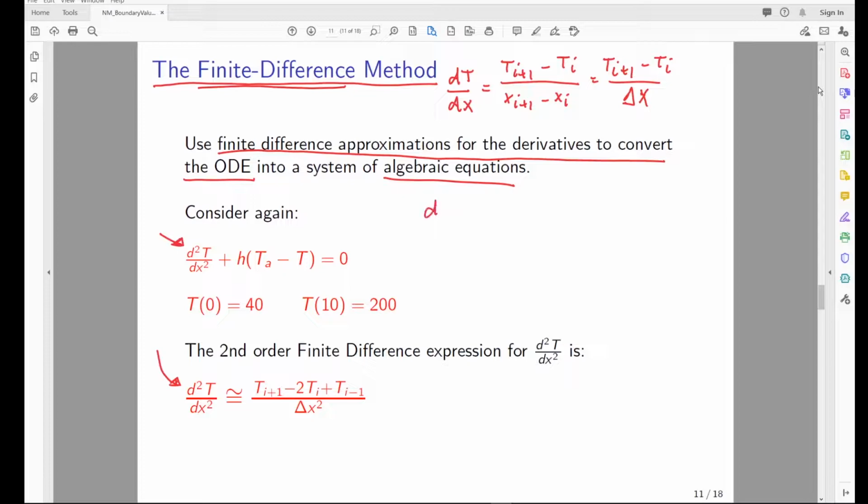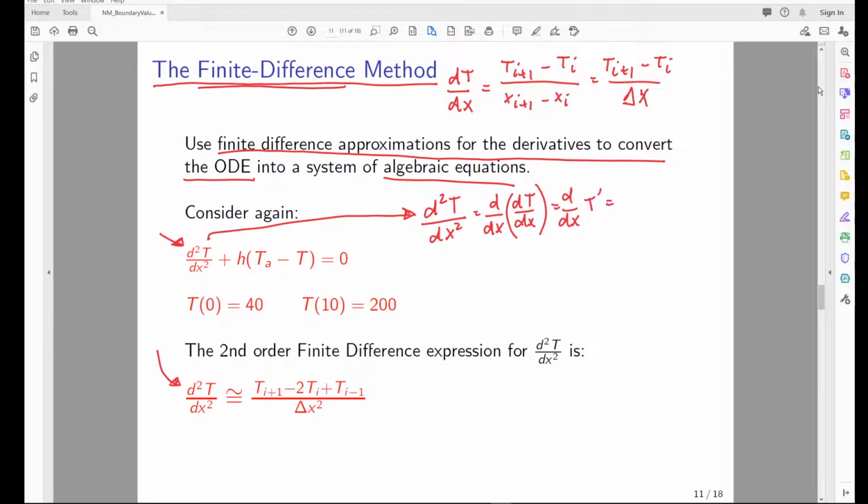Now what about d²T over dx²? Okay, so this term right here is what we're talking about. Well, this is nothing more than d/dx of this thing right here, dT/dx, which is nothing more than d/dx of T prime.